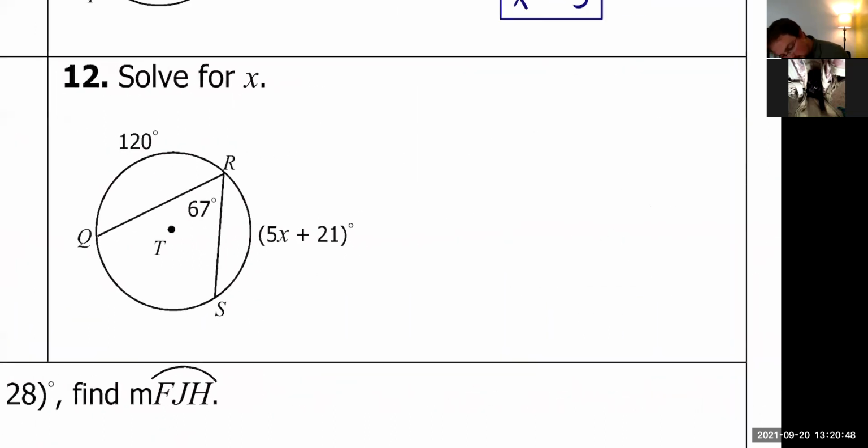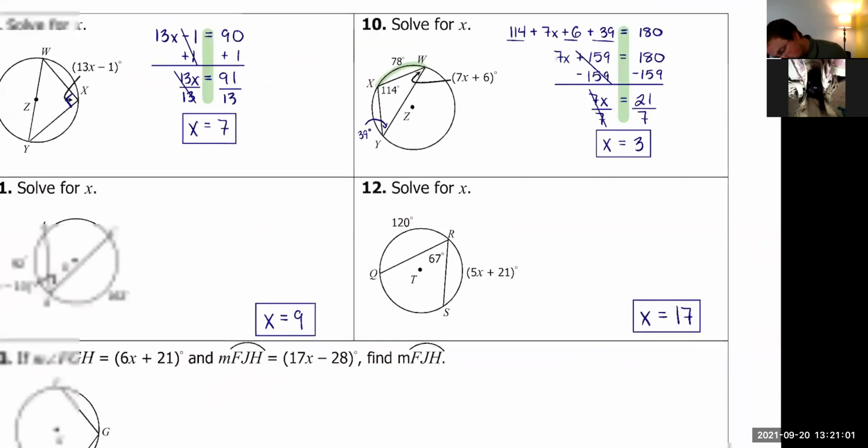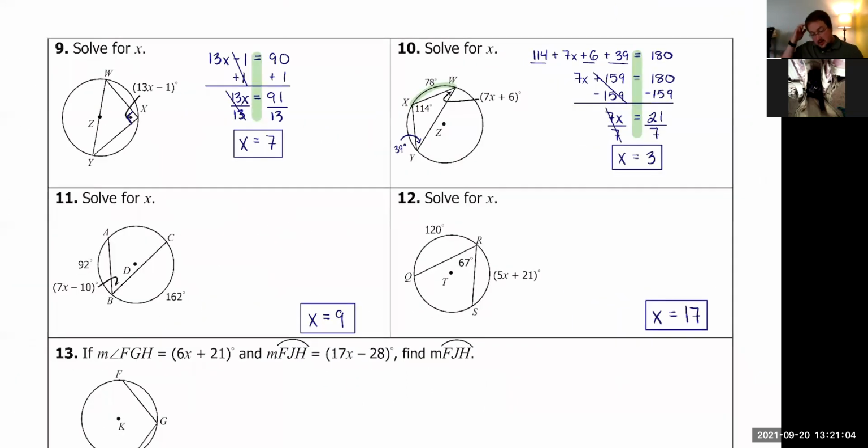And number 12, you should get x equals 17. Yeah, similar situations as to the ones we experienced already.